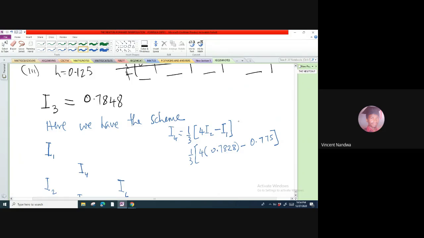When you work this out, you should get your I4 to be 0.7854.